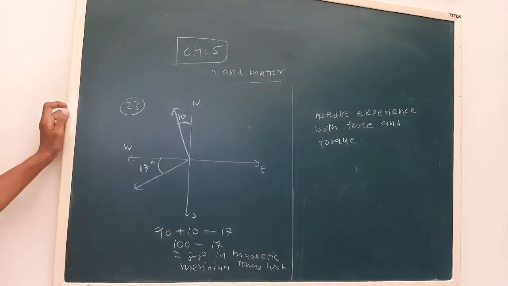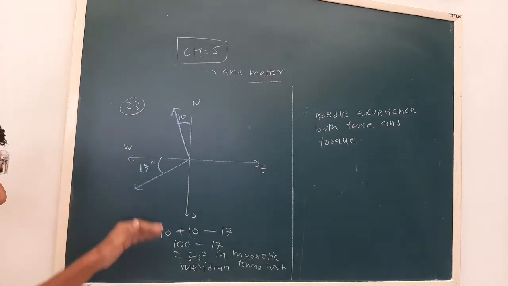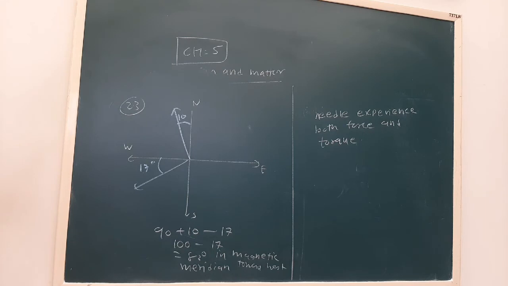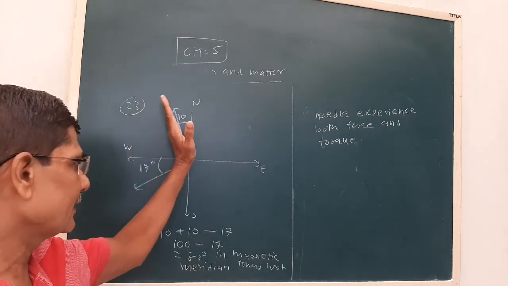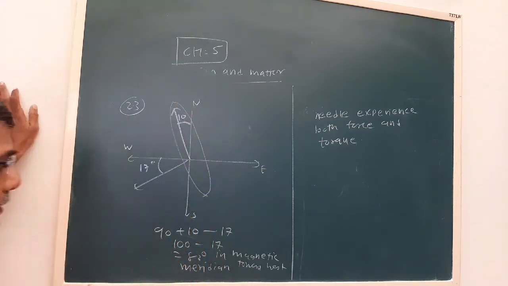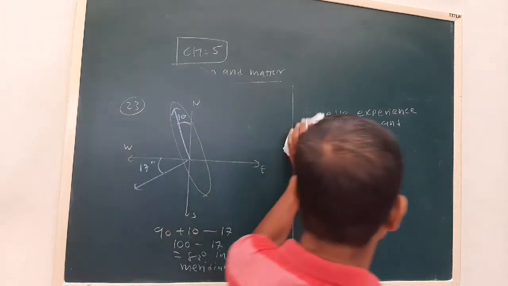See, what we have done here is corrected for the magnetic declination. The steamer is to be driven in the west direction, so that much angle we have to subtract. So the steamer should be driven at an angle of 83 degrees to the magnetic meridian, toward the west.